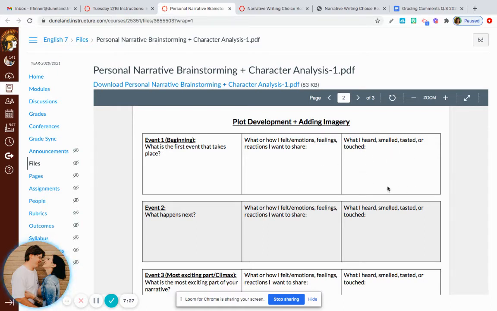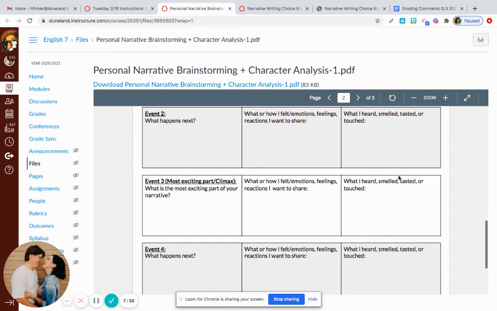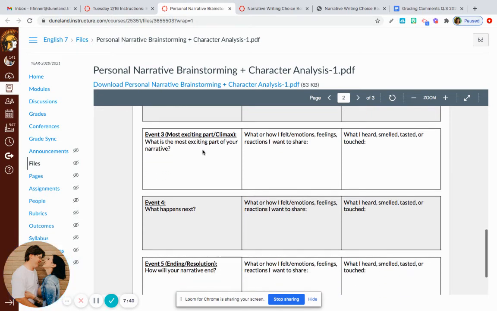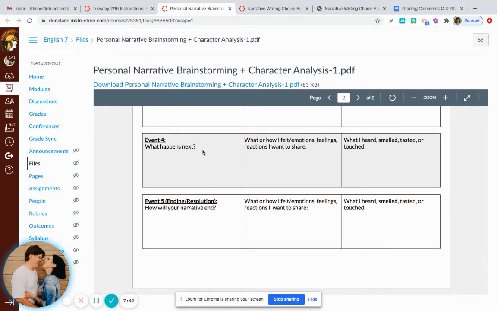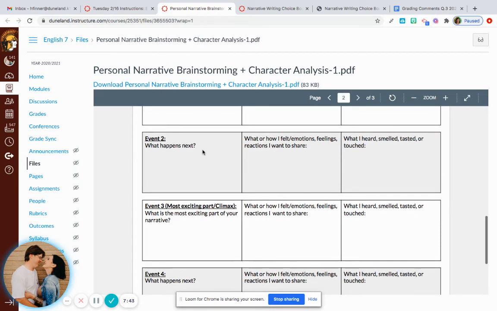And then I want you to brainstorm some things that you could hear, smell, taste, or touch, because for our writing to truly come alive, we have to use some form of imagery. So you're going to do that for each box. You're going to tell me what event takes place, and if you notice, it's going to follow a plot diagram, right?